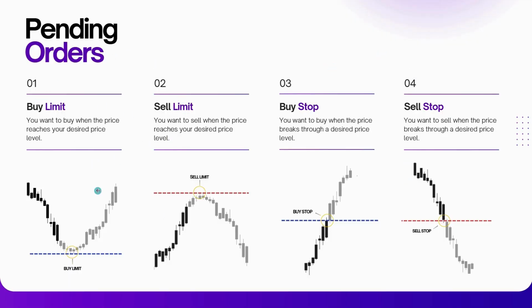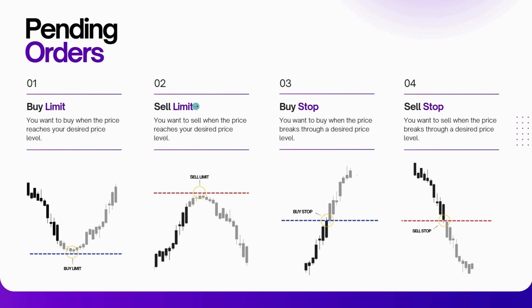A limit order, whether that's a buy limit or a sell limit, is used when you want to enter at a better price than what currently is available. For example, let's say you think that price will bounce higher when it reaches a specific price level. You can set a buy limit, which will only open a buy trade when price reaches that specified level.